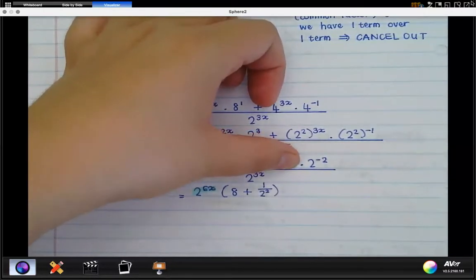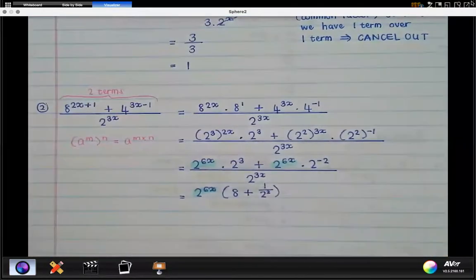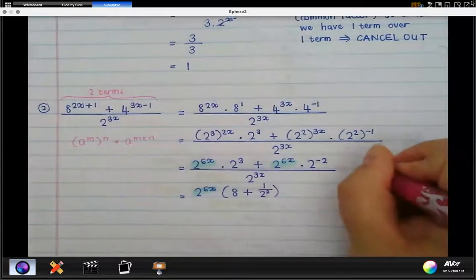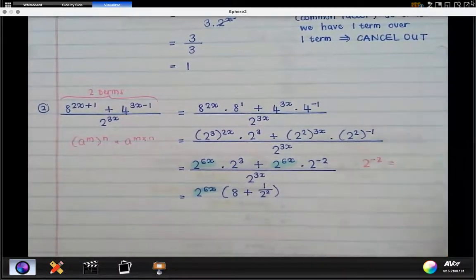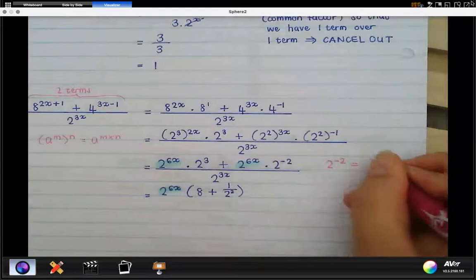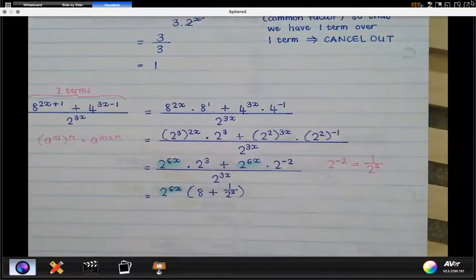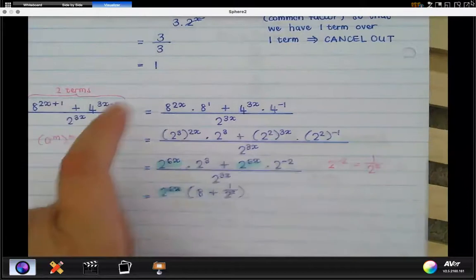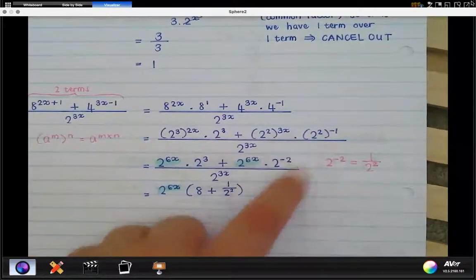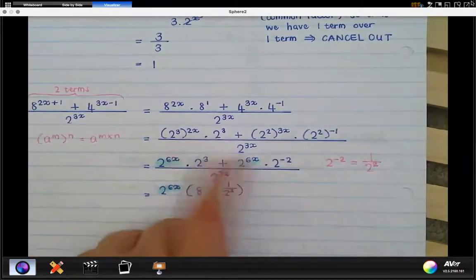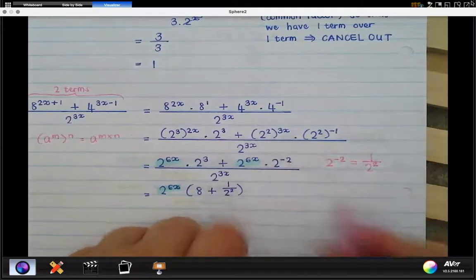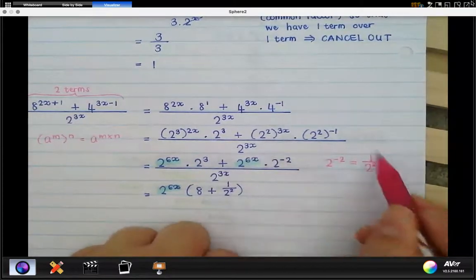I hope that makes sense. 2 to the -2 has a negative exponent, so you would have to move that to the bottom and make that exponent positive. Now, you might remember that I told you that moving thing only works if you have only one term. So I can't move this to the bottom here because I have multiple terms. So here you can just do 2 to the -2 on its own is 1 over 2 squared.